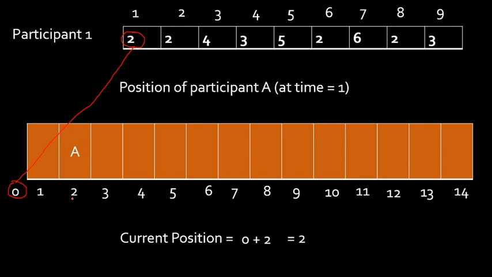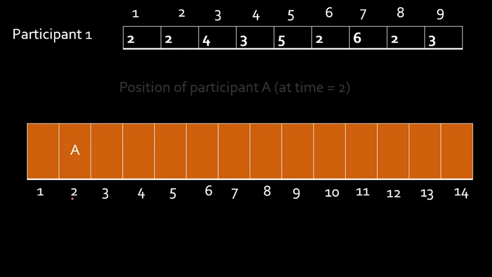Similarly, what happens after 2 seconds? At time 2, observe this. A moves 2 more steps. If A moves 2 more steps, 1 step means it will go to 3, 2 steps means it will go to 4. So now A will move from 2 to 4.